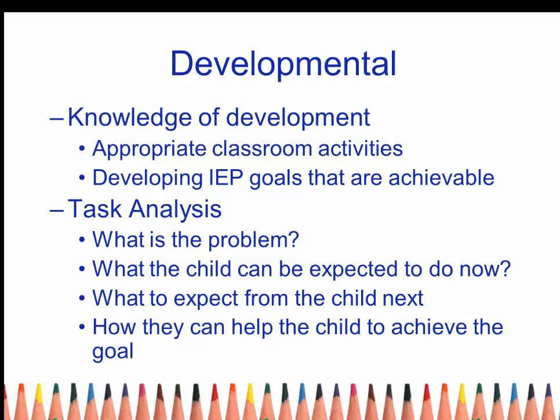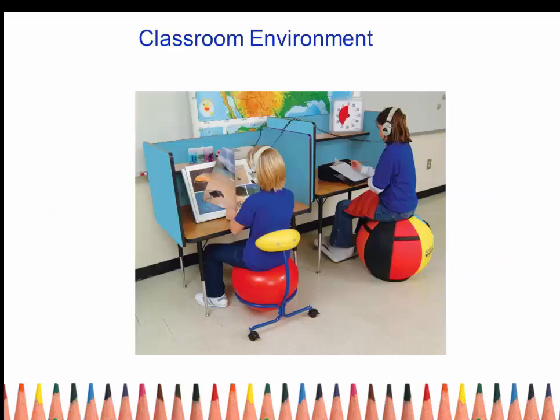We're also very good at being able to adapt or modify the classroom environment. We might use seating or positioning modifications to help the children. These children are sitting on balls. For a child who has attention problems or sensory processing problems, the movement of the balls may be enough to help keep them focused on task.